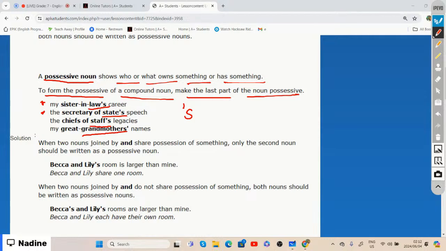We made an example of my sister-in-law's career. So law is the last part, and we add the apostrophe and an S. Then we also made an example of Secretary of State's.